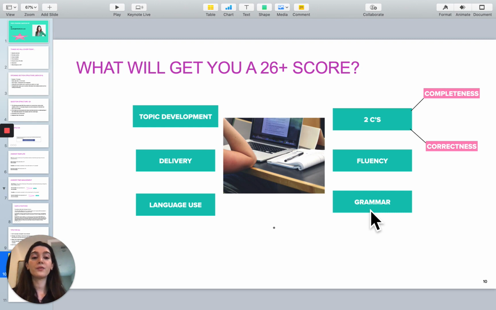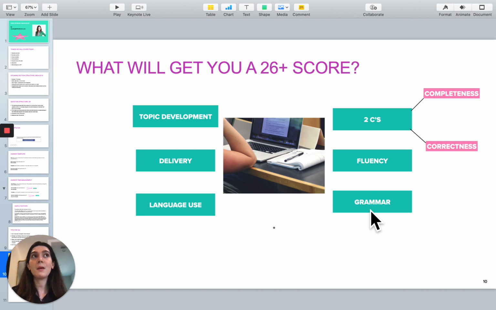Now, another way of understanding this is how many errors are really okay, right? That's another very common question I get: what if I make 1 or 2 mistakes, am I going to be okay?